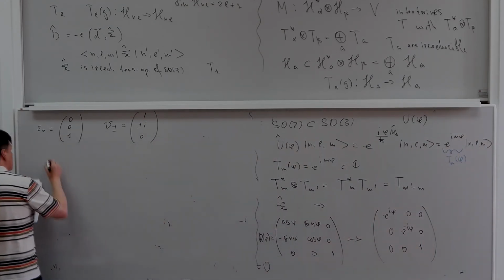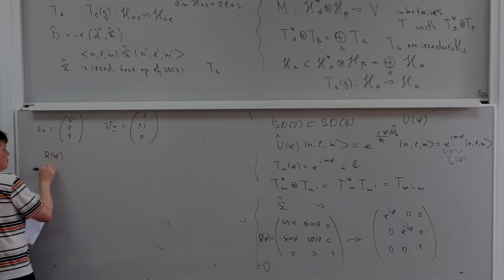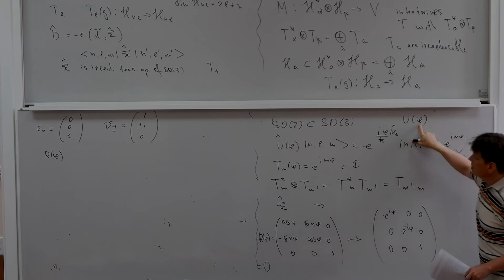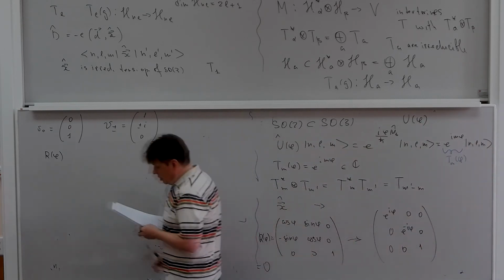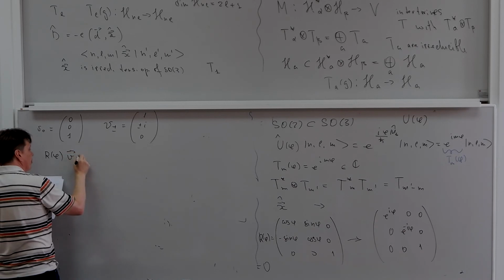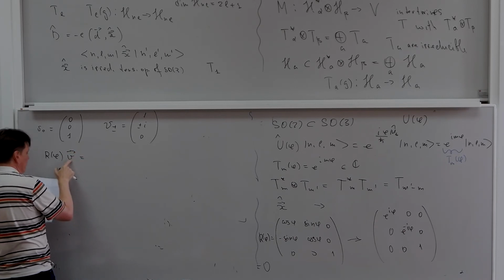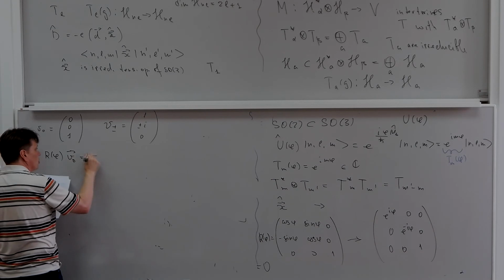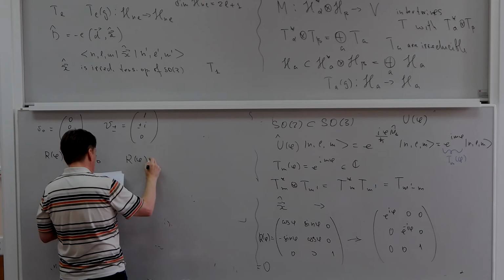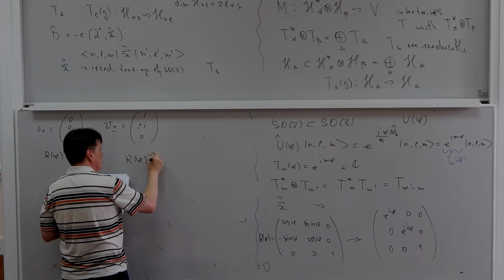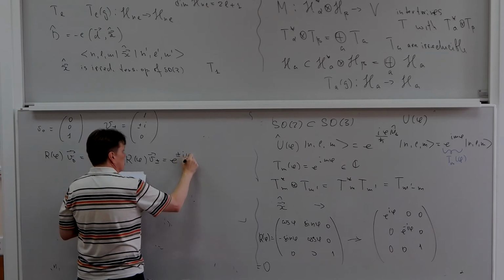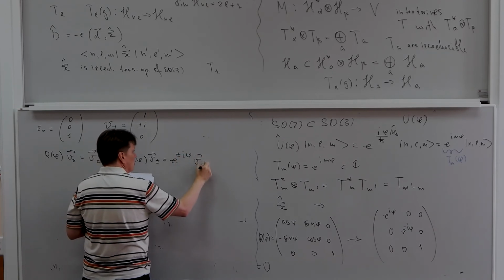And by definition, the rotation through the angle phi transforms the vector v_0 to v_0, and R(φ) v_± is given by e^{±iφ} v_±.